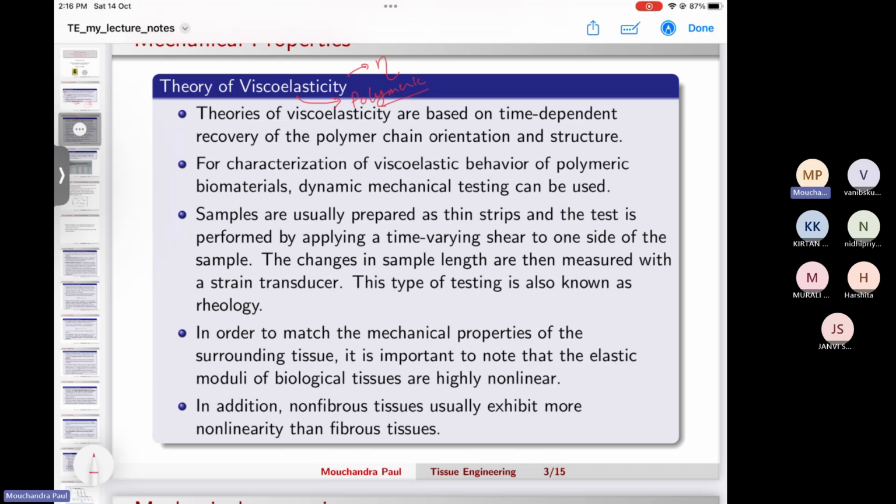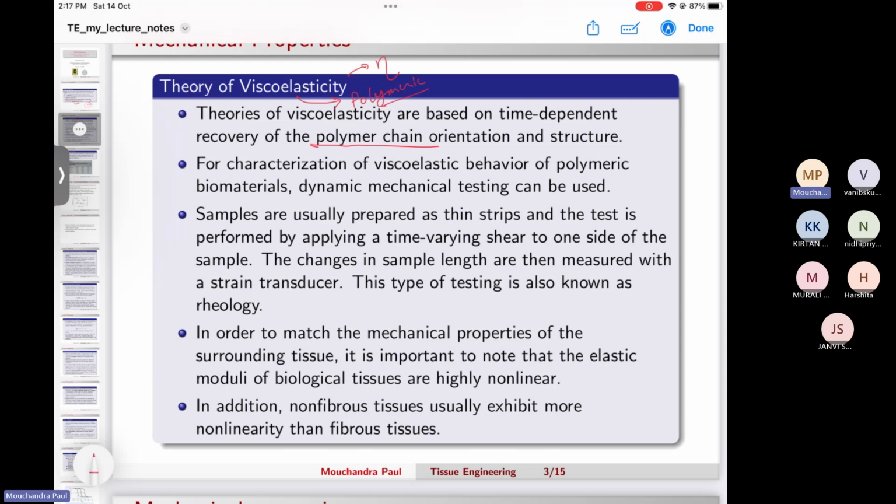The viscoelasticity comes from the structure of the polymer chain, meaning how the polymer chains are oriented, and whether there are any side chains or not. Because of the structure of the polymer, the viscoelasticity comes into play. For characterizing this viscoelastic behavior, we cannot use the mechanical testing device that we previously talked about.